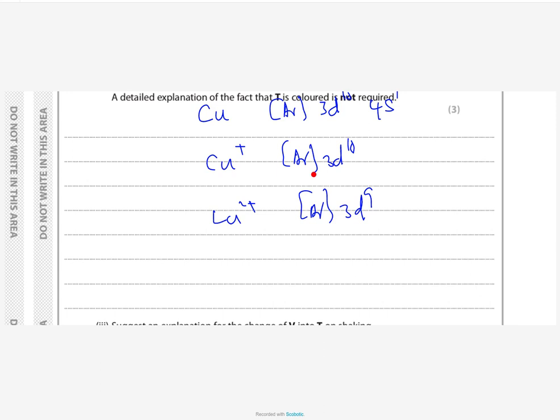Whereas in copper 2 plus, there is a partially filled d orbital.